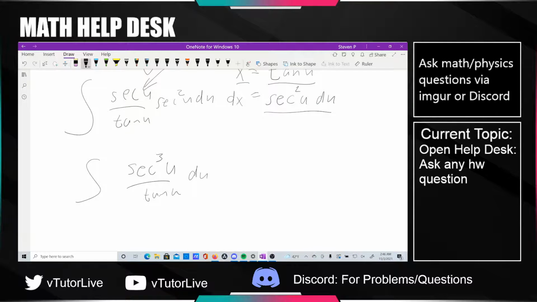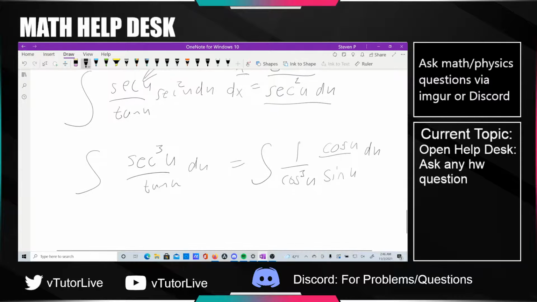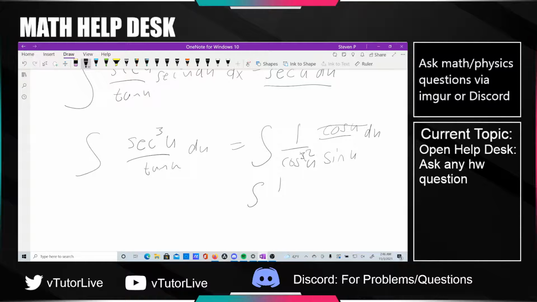And this is where things get a little bit nasty. Did I make a mistake? Okay, so what is this? This is 1 over cosine cubed of u times sine over cosine, du. Then you can cancel a little bit, but unfortunately it's still pretty nasty, because this is 1 over cosine squared of u, 1 over sine of u, du.